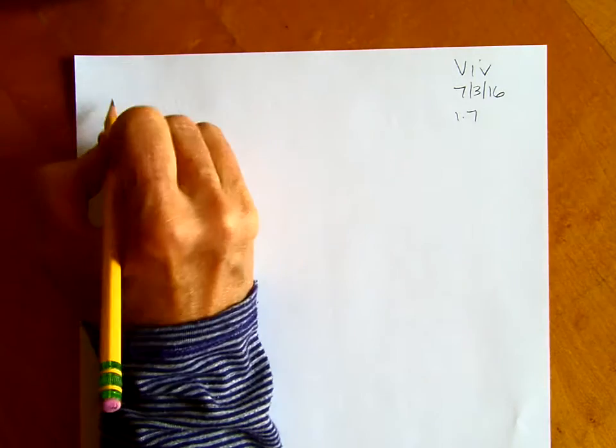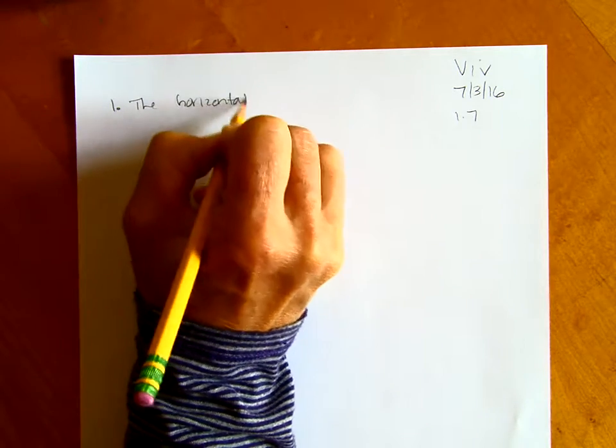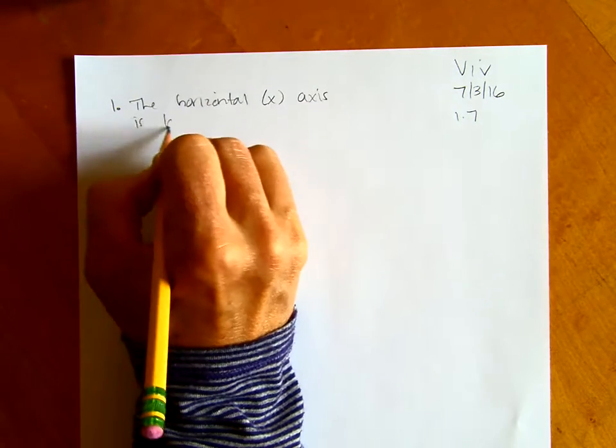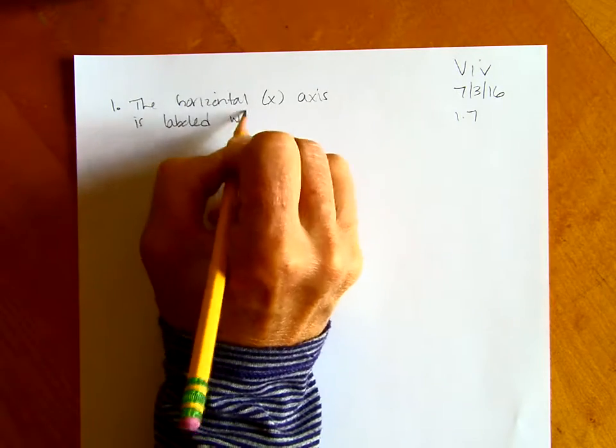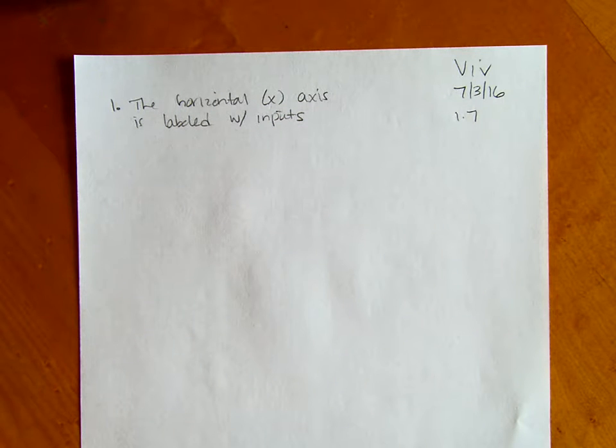So this is 1.7, and number 1 would be the horizontal or x-axis is labeled with the inputs. And the vertical or y is labeled with the outputs.